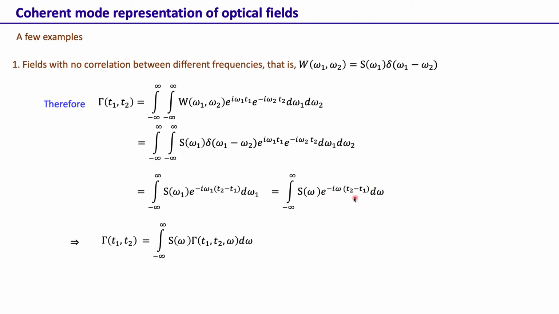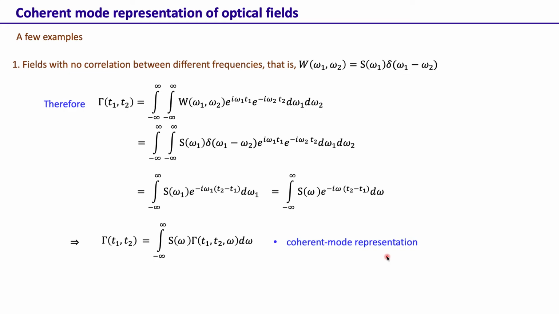So we are writing this partially coherent temporal correlation function as an integral over cross-correlation functions that are completely coherent. So that's the coherent mode.